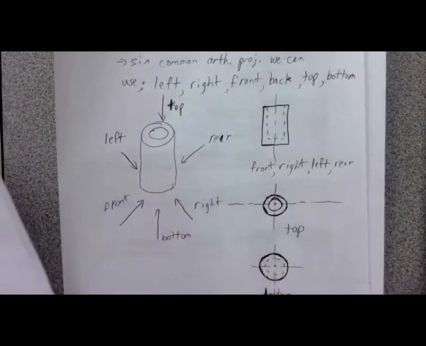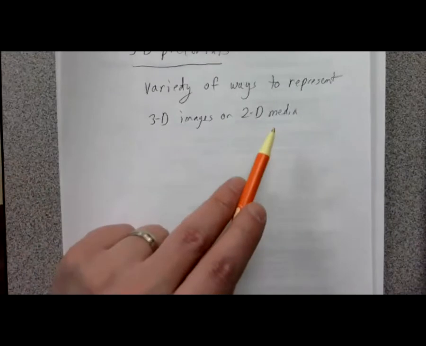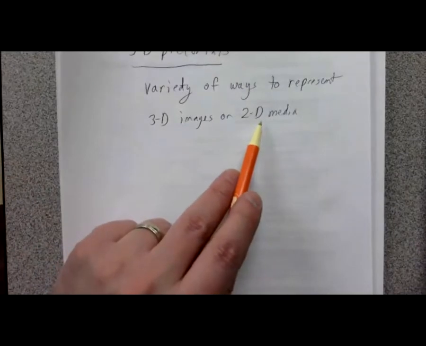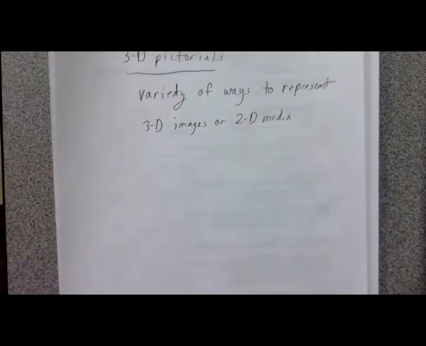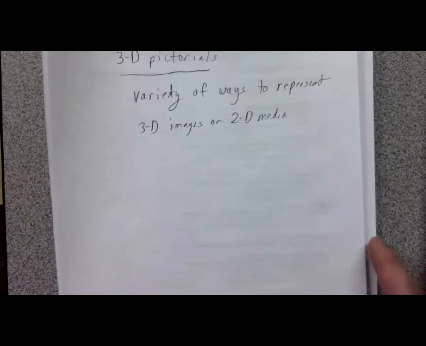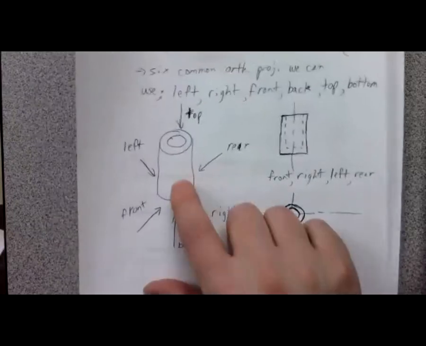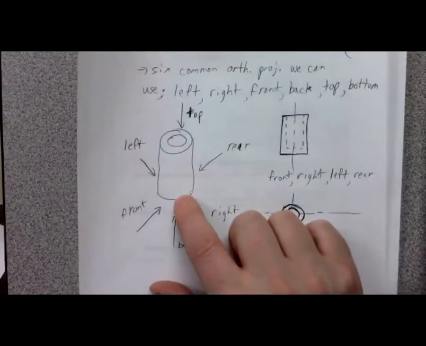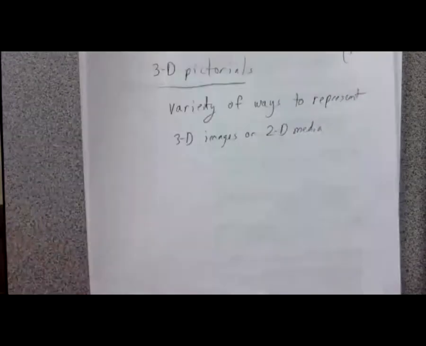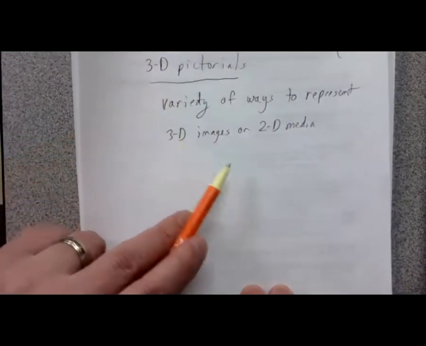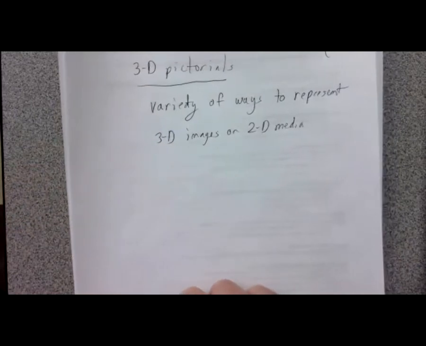This is a two-dimensional image. It's on two-dimensional paper, two-dimensional media, and it's being projected on a two-dimensional screen, right? And if you're watching the YouTube video, it's on a two-dimensional device. This is not three-dimensional. But we can draw it in such a way that it has a three-dimensional appearance. And that's the idea of a three-dimensional pictorial. It's a two-dimensional projection that looks three-dimensional in nature.